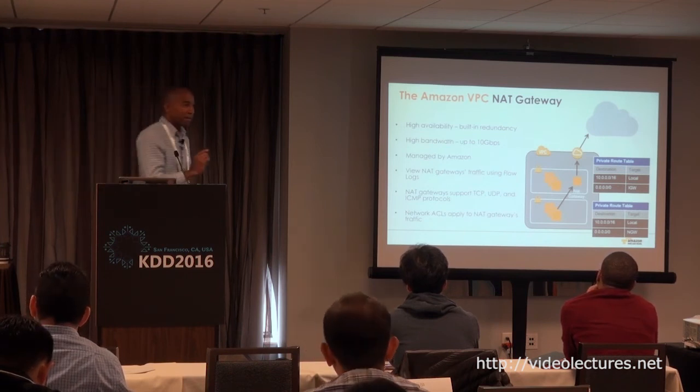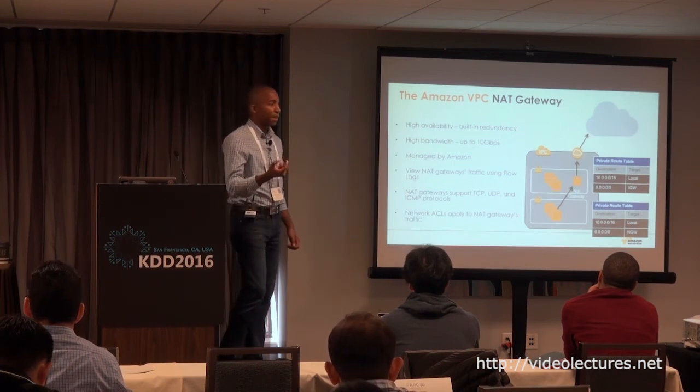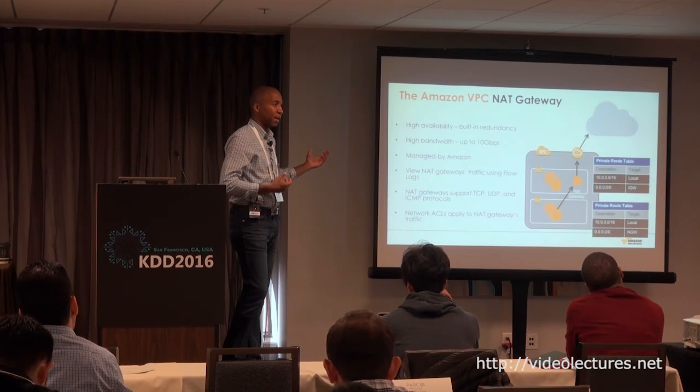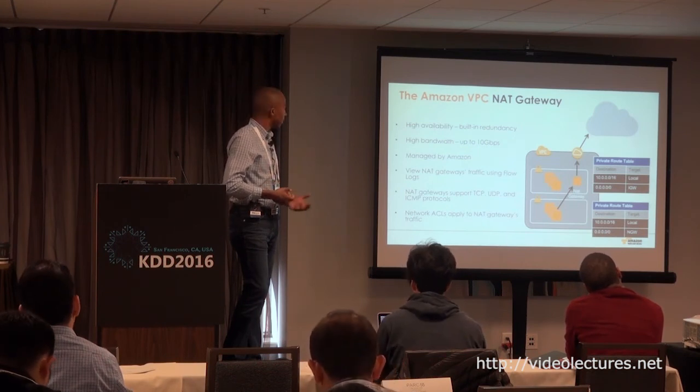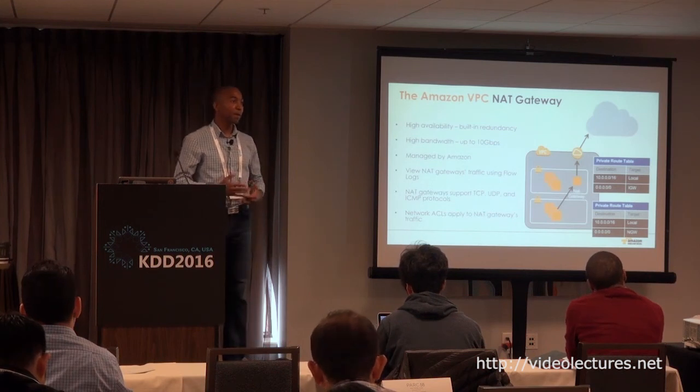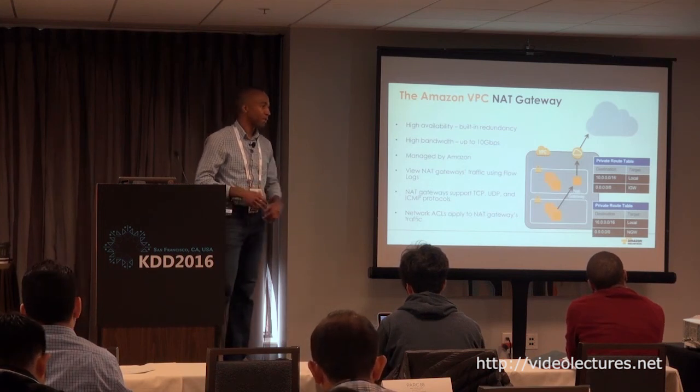But again, it's important to point out the power of the internet gateway, right? Because all of this traffic is still going via the internet gateway, right? So, every VPC has an internet gateway if you're looking to send traffic through Amazon Web Services.